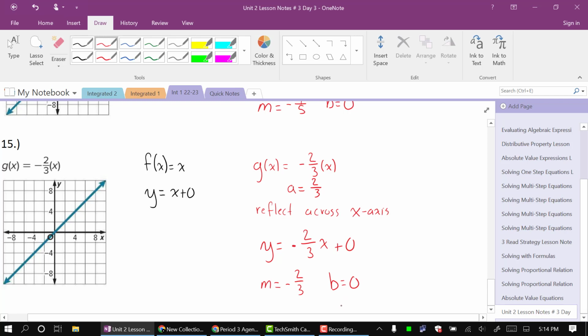So I have everything I need. Let's go ahead and start graphing. We're going to put a point at 0. I'm going to come down 2 and run 3, 1, 2, 3. Down 2, run 3. I only need 2 points to make a line, but if I can do another point in there, I put another point in there just to make my line a little more straight.